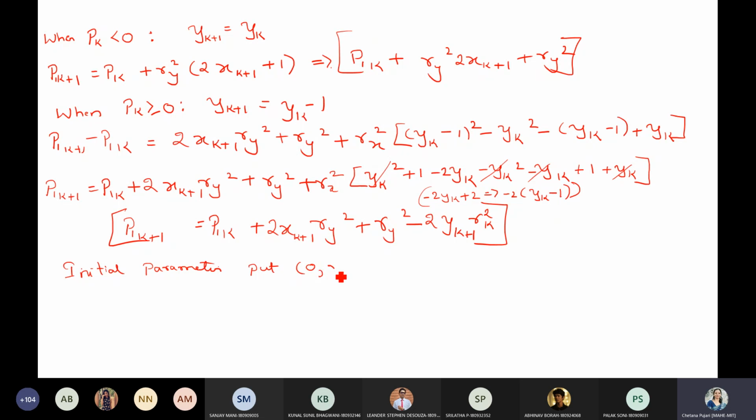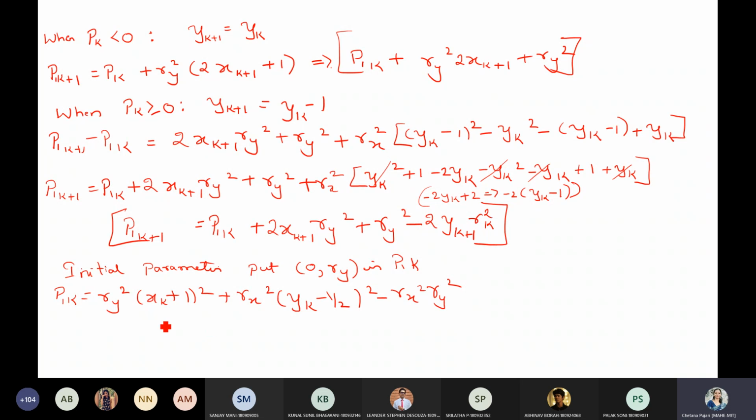x value as 0 and y value as ry in p1 of k. We already calculated p1 of k, right? So p1 of k was ry square into xk plus 1 whole square plus rx square into yk minus 1 by 2 whole square minus rx square ry square.